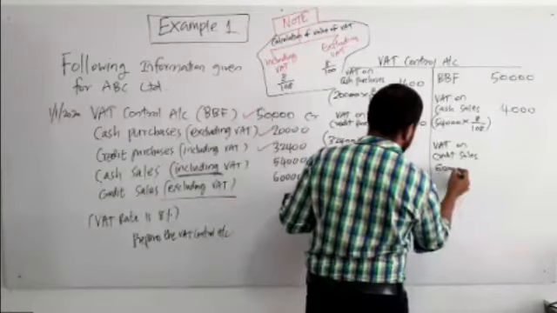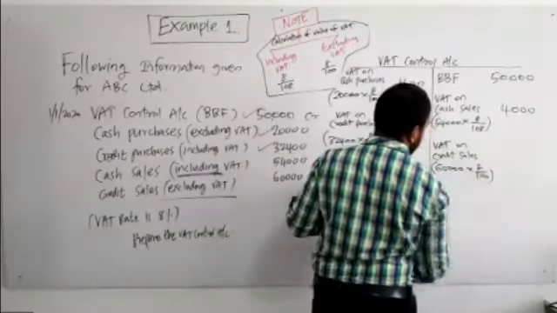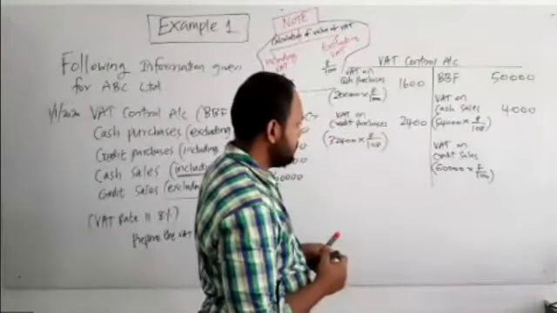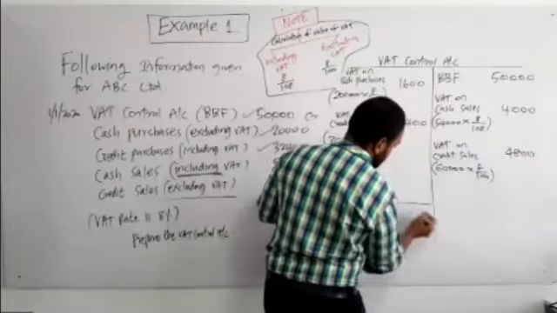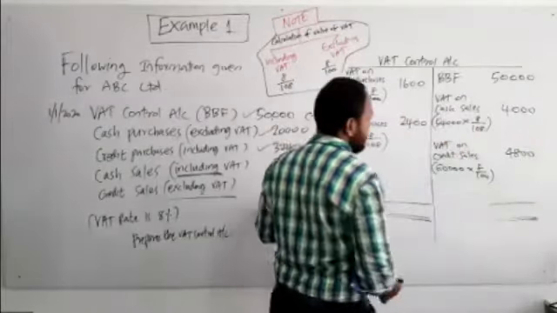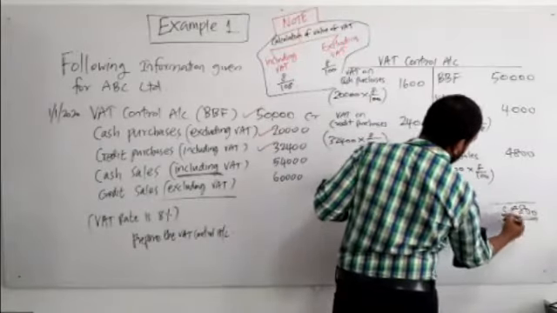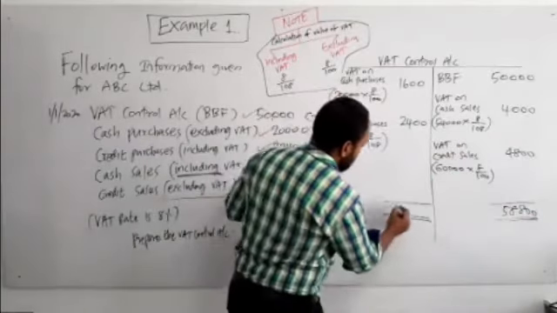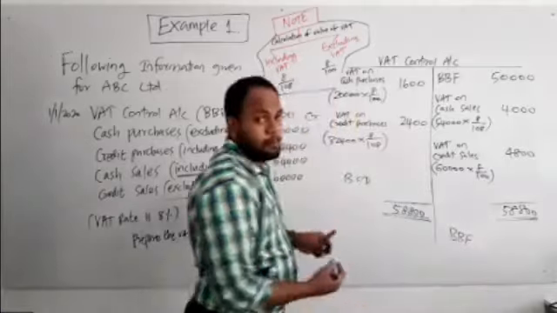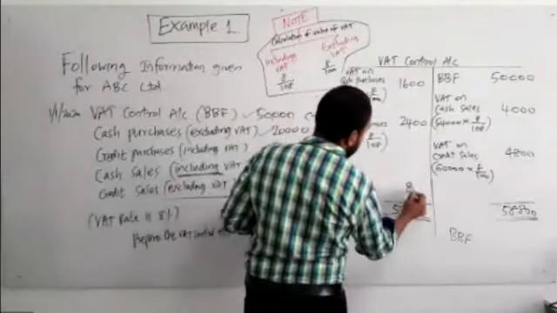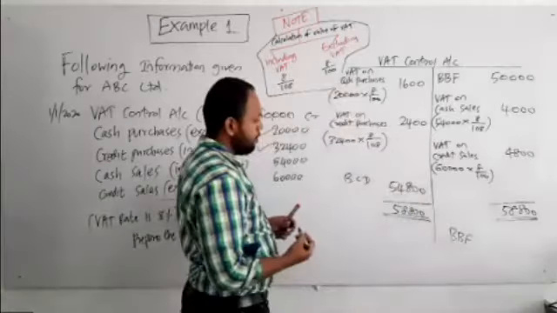That is from 60,000 into 8%, 4,800. So our final payable is 54,800.